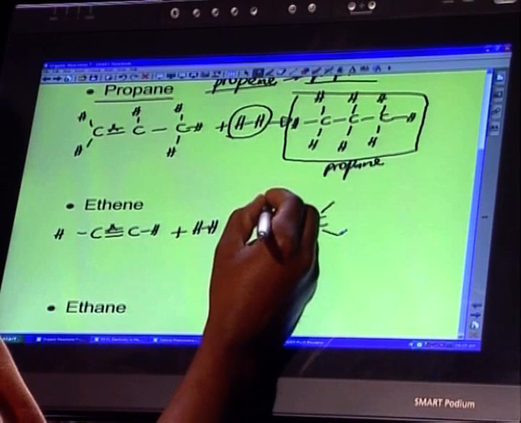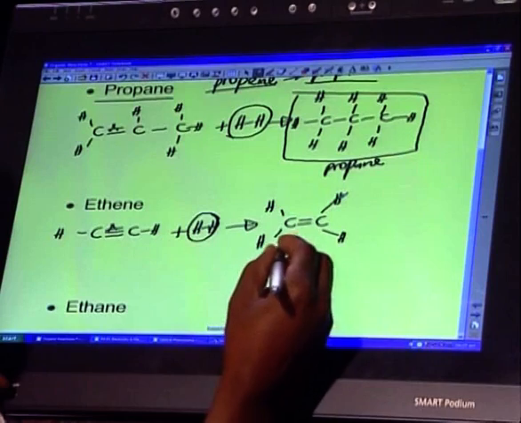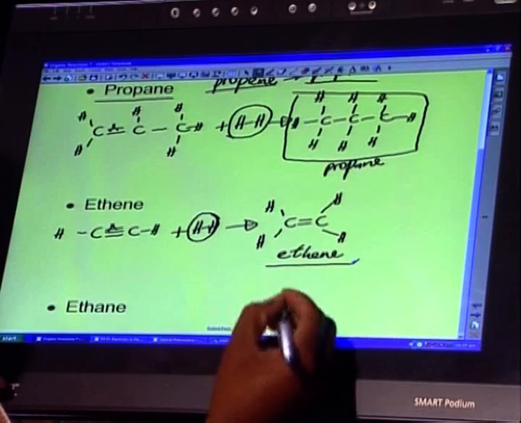So there is the first hydrogen for this carbon atom. There is the first one for the second carbon atom. Each of these hydrogen atoms are going to find spaces at each of the carbon atoms, and that is what we have. And what is this? This is an ethene molecule.